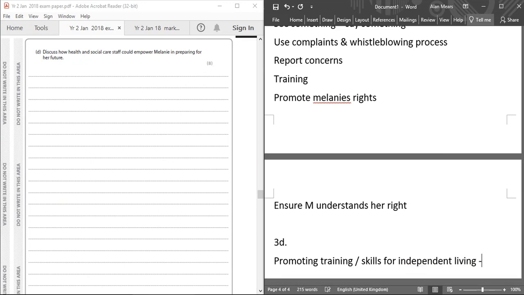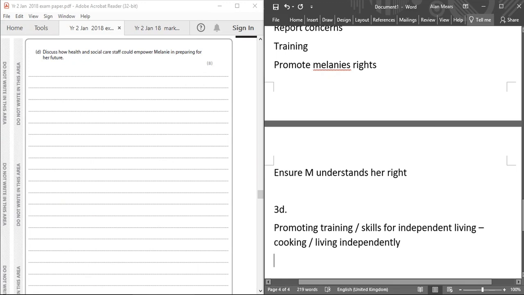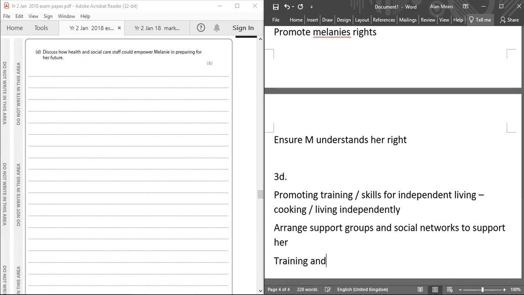So that could be cooking and living independently. It might involve arranging support groups and social networks to support her. Training and skills for employment and education.